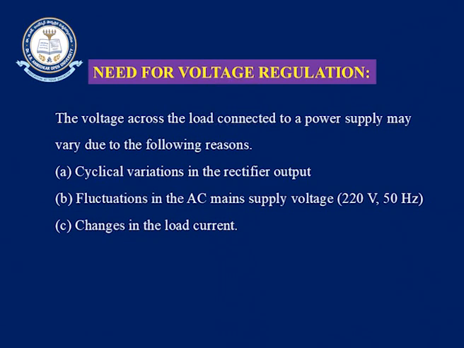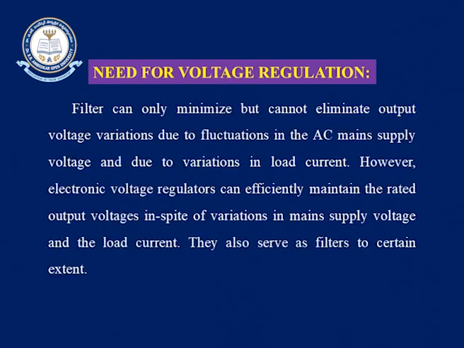Third, change in the load current across the load resistance, which we take as output. Filters can only minimize, and cannot eliminate, the output voltage variations due to fluctuations, which sometimes increase and sometimes decrease with the AC voltage.